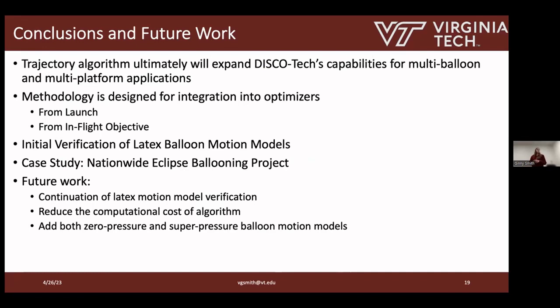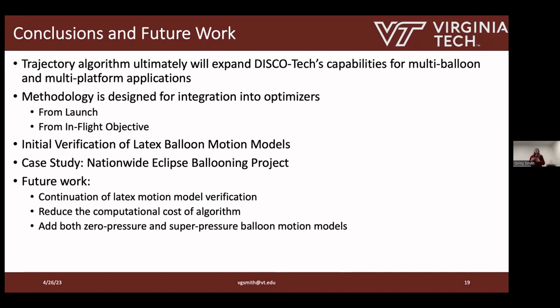It's also specifically designed to be integrated into optimizers, which is something that doesn't really exist at the moment. I talked through the initial verification of the latex balloon motion models, and that work will be continued, as well as looking at the case study and the initial results for the nationwide Eclipse ballooning project with the different profiles. And as I mentioned, we'll continue this work.